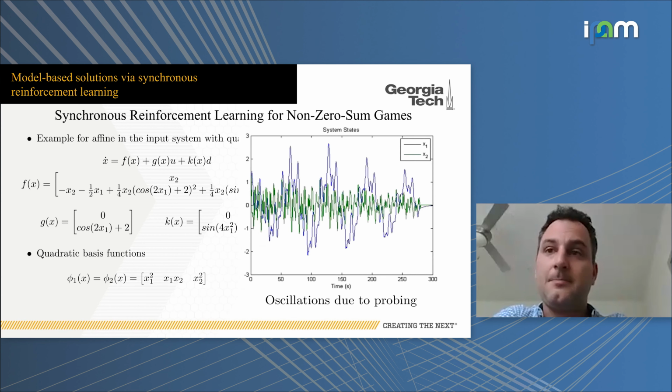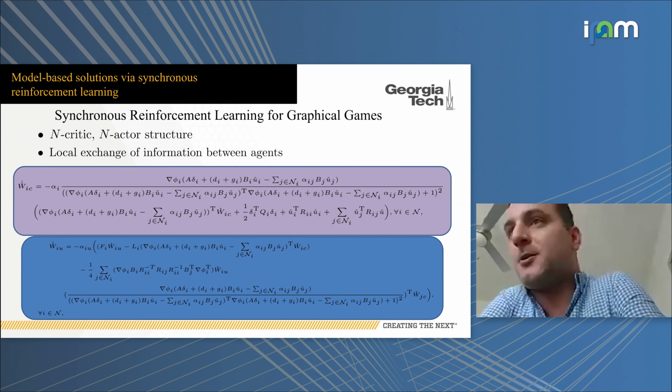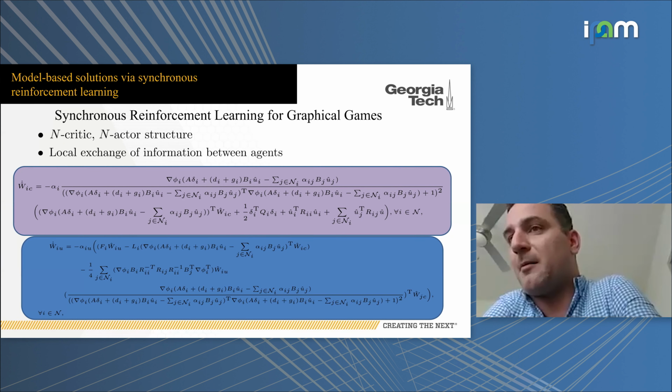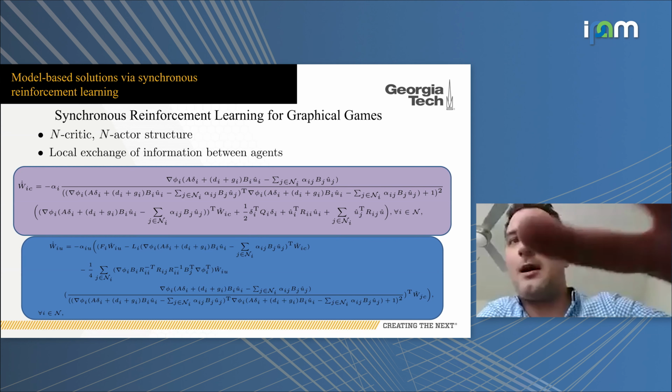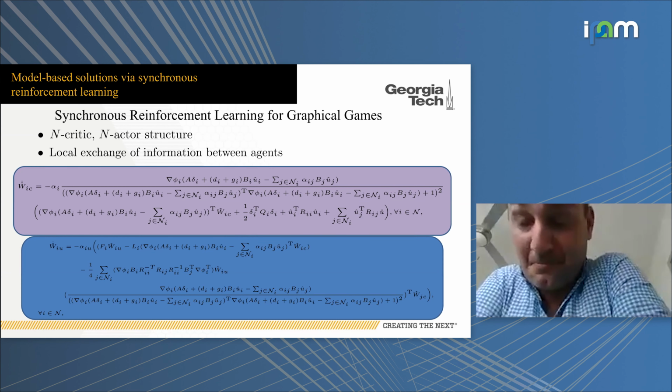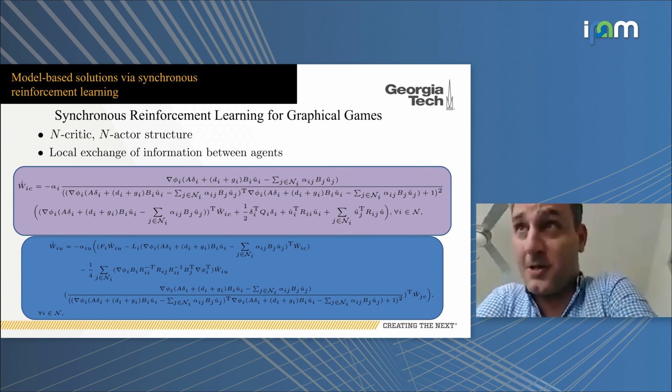For graphical games, the equations seem more weird and longer, but it's actually not the case, because here you don't have complete information about every other player, but you have local information. For every player, you just plug and play these two tuning laws, and everyone will synchronize optimally to a leader.